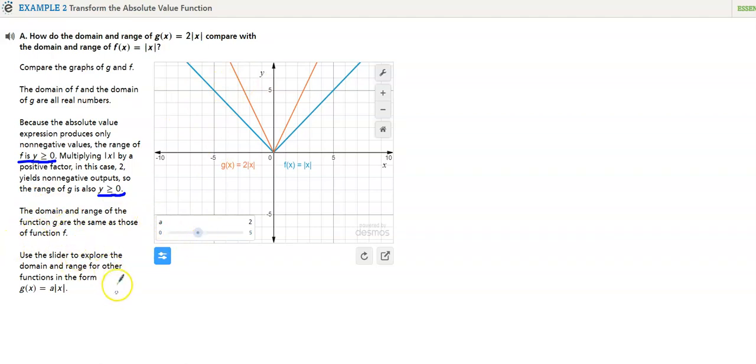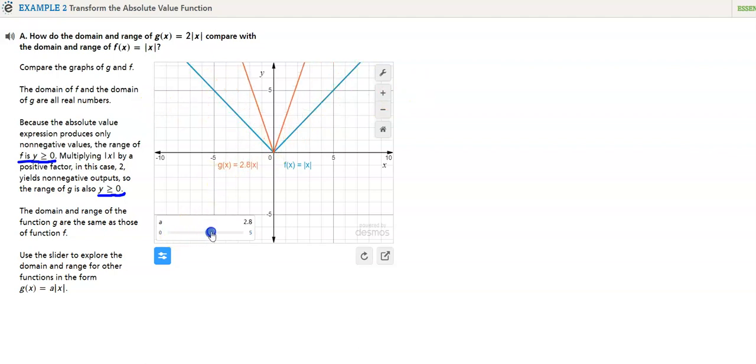So now it says to use the slider to explore the domain and range for other functions that are in this format right here. So if I were to take the slider and pull it down to 1, you can see that now my graph of g and f are the same. If I make it even smaller, and let's say make it a half, you can see that the slope is now half the angle from before, and that it's making this wider graph.